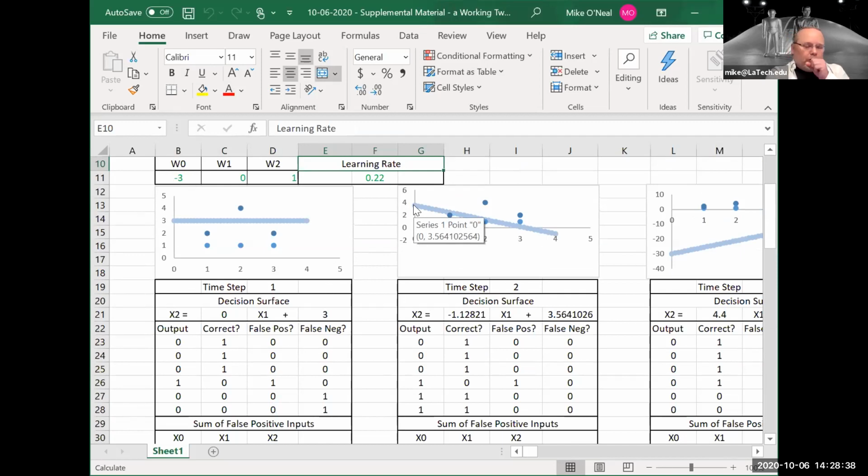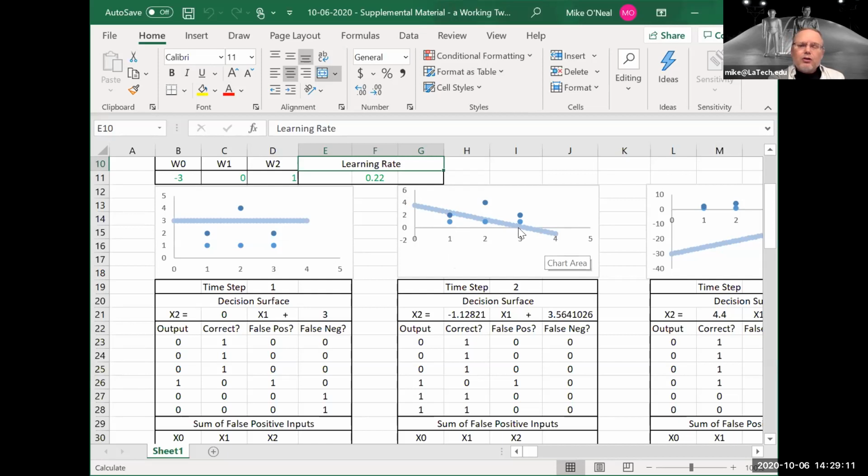There's no good XY graphing that I could find that could take these values and put them into a plot. So I had to kind of cheat and do some work. But basically, except in the case where your slope is infinite, giving you a vertical line, this will fairly well approximate where the decision surface should fall.